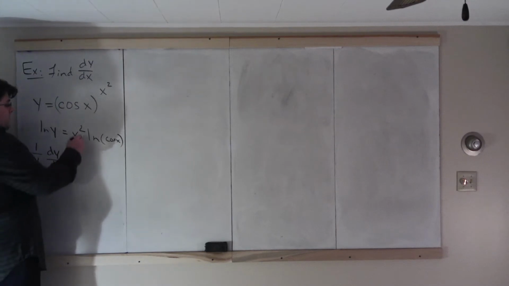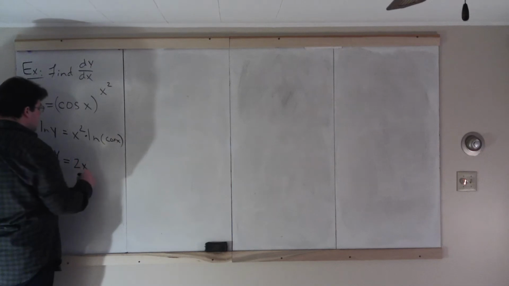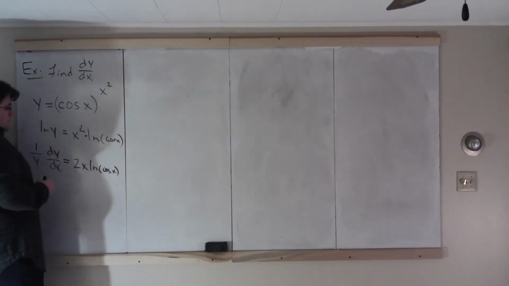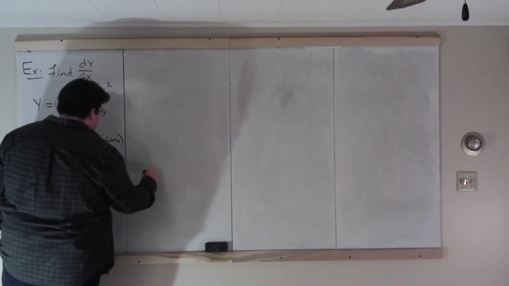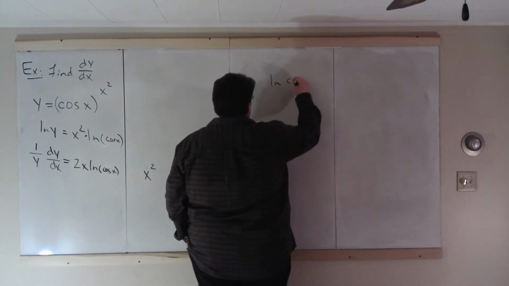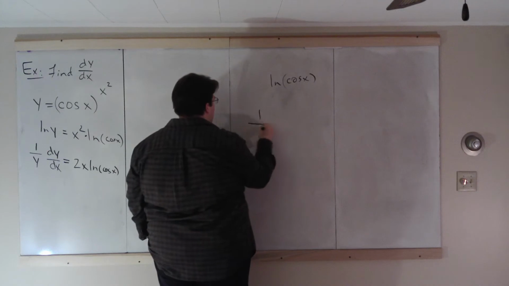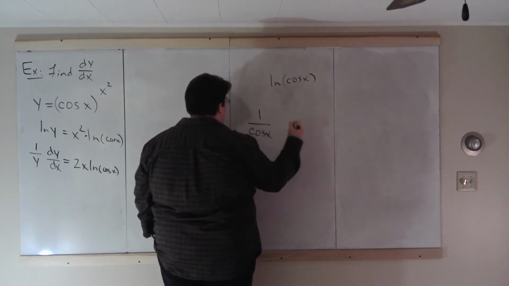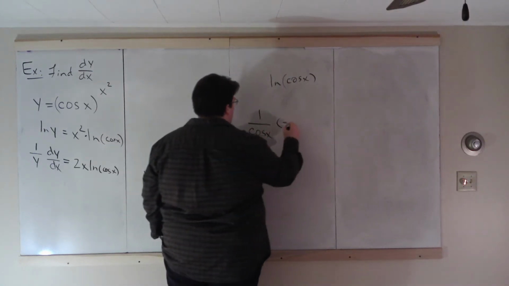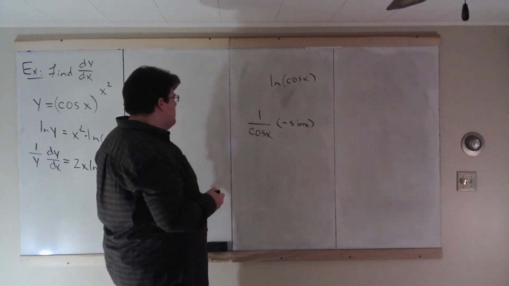Well, again, we have a product, so we need to use the product rule. Derivative of x squared is 2x. Leave the second thing alone. The other thing is x squared. What's the derivative of log cosine x? Well, it's 1 over the inside times the derivative of the inside. Derivative of cosine is negative sine.